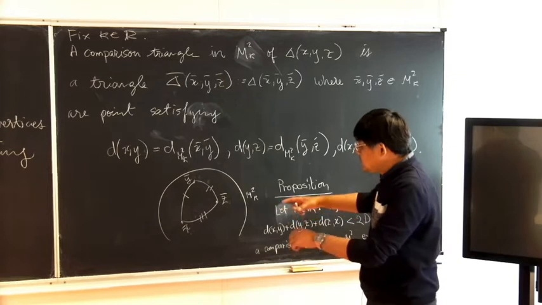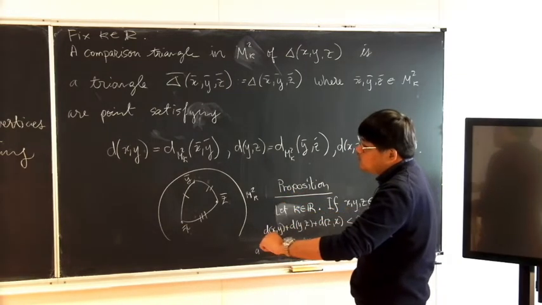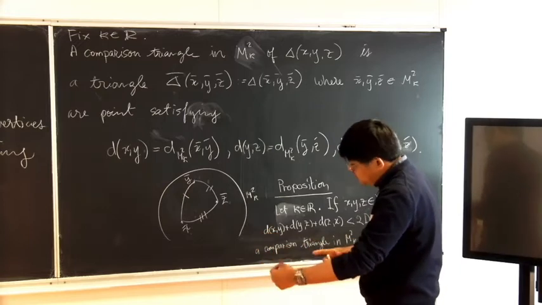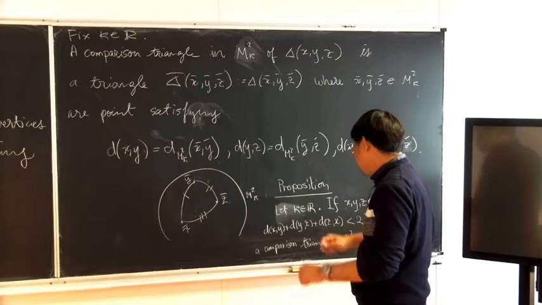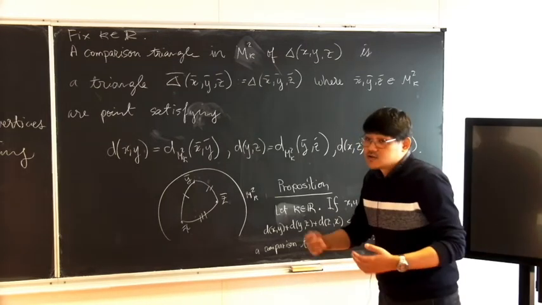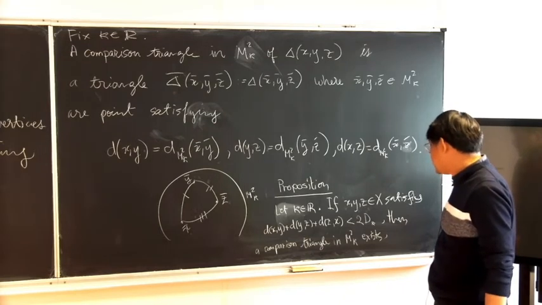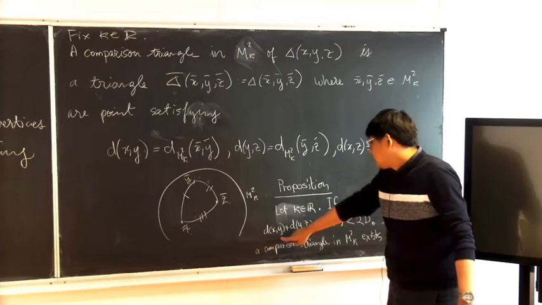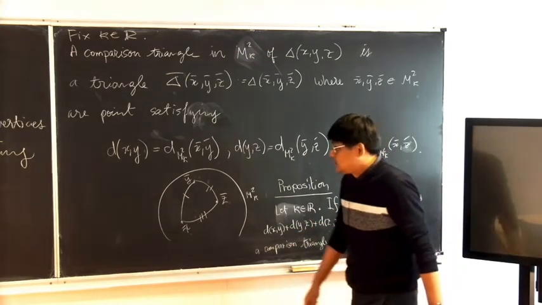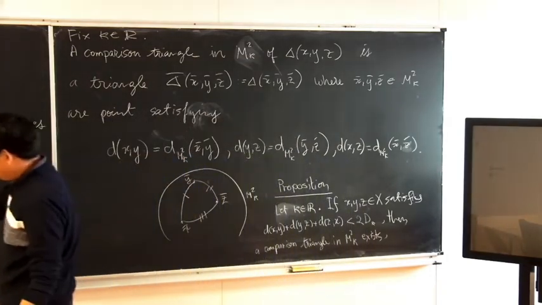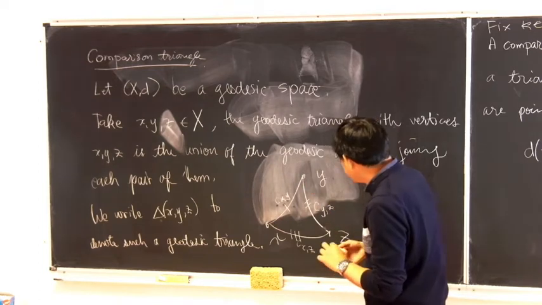So that means actually it's not unique, but one comparison triangle will be isometric to another comparison triangle. So in practice, we do not care which comparison triangle we are using. Okay. This is called the perimeter condition because this is nothing else but the perimeter of this geodesic triangle.